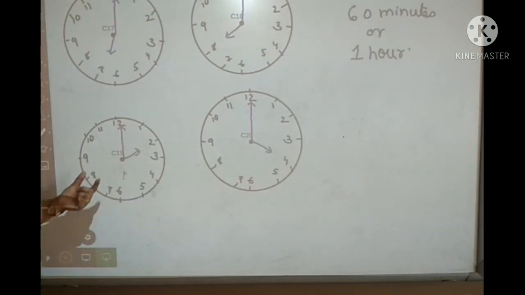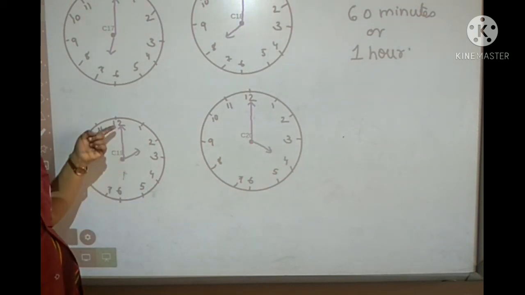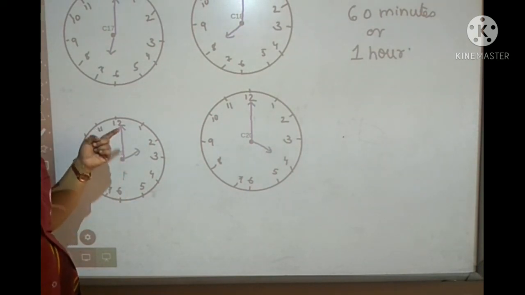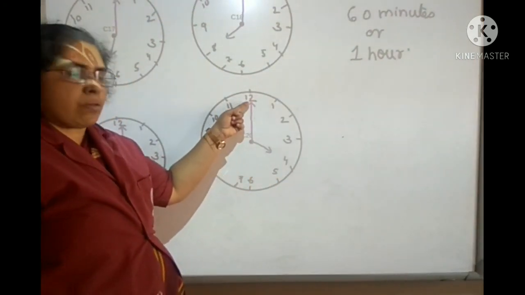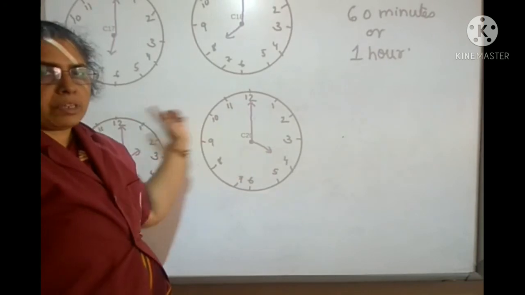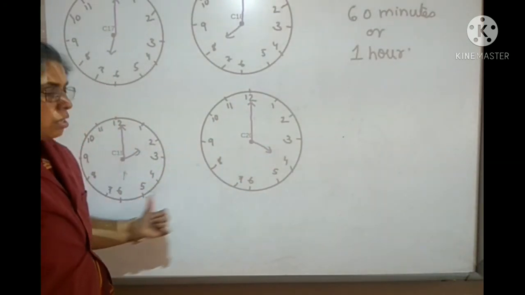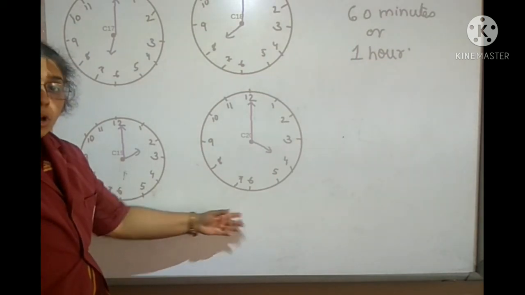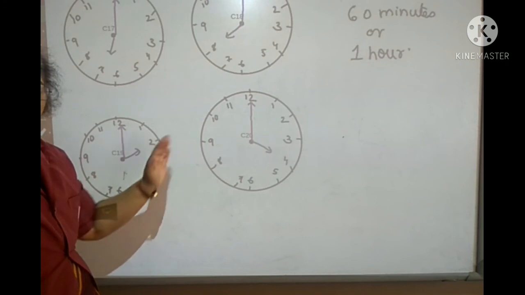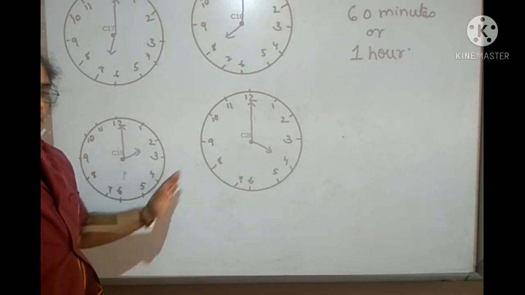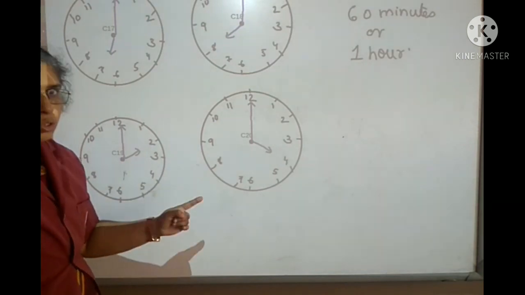This also, the hour hand is on 2 and the minute hand is on 12. Here the hour hand is on 4 and the minute hand is on 12. That means in both the minute hand is on 12. This is 2 o'clock and this is 4 o'clock. How many minutes pass from 2 o'clock to 4 o'clock? You can write 2 hours, otherwise 1 hour is equal to 60 minutes.